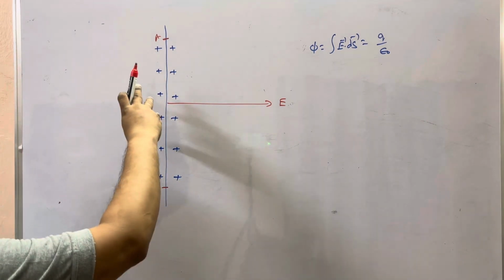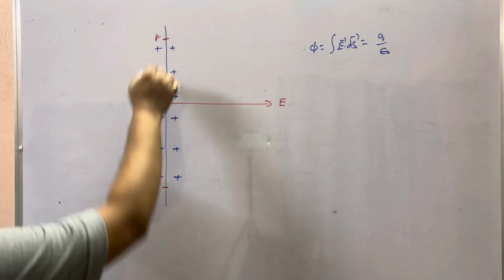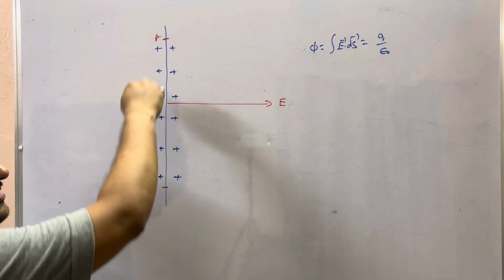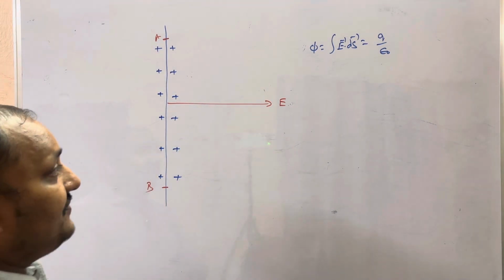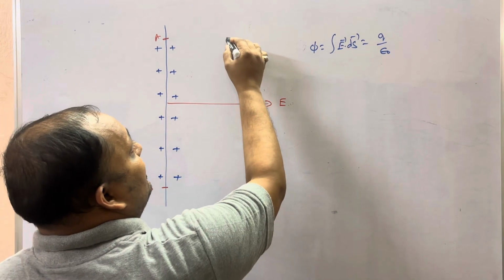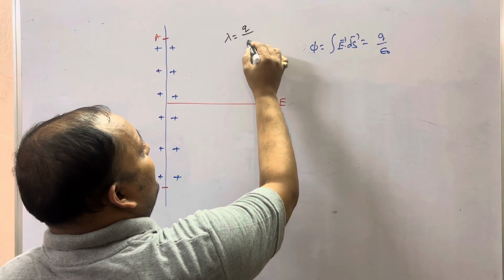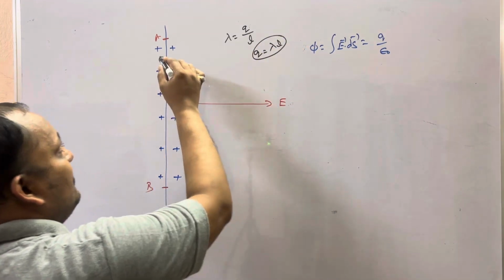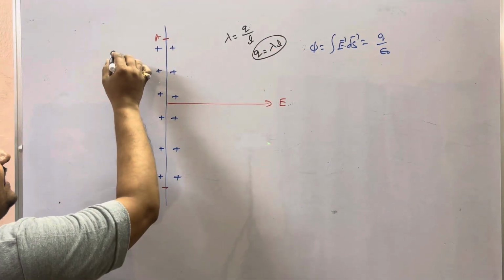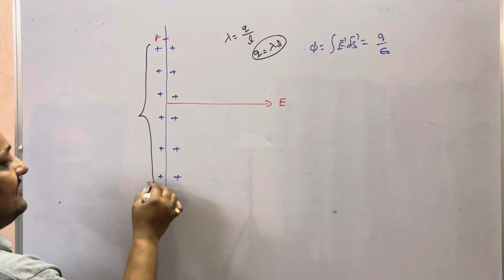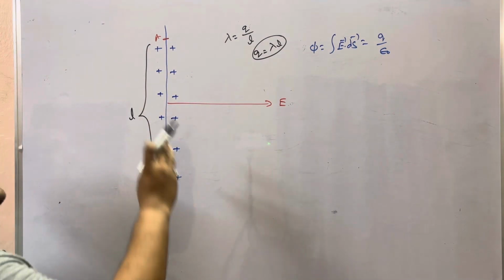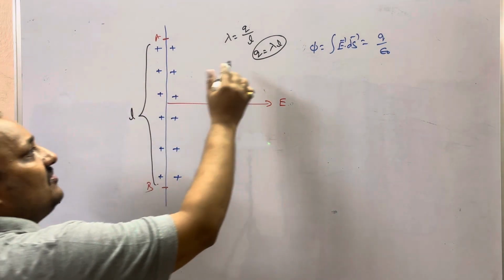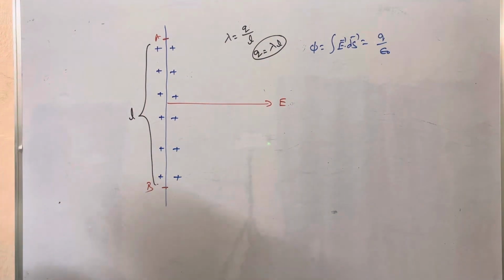Now, how much charge is going to be available from A to B? This is a wire, so we discussed the distribution of charge. Lambda is equal to Q by L, so Q is equal to lambda L. If we take length L from A to B, then on this length Q charge is available.